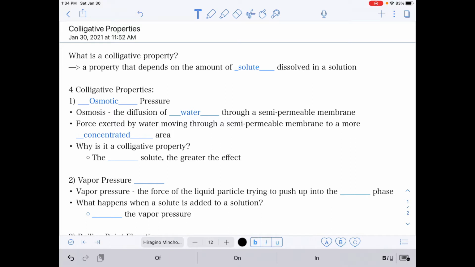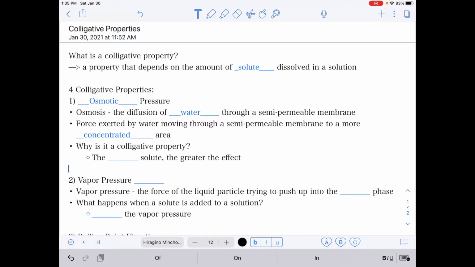So why is it a colligative property? Now that we know what it is, why is it a colligative property? Well, if you can imagine, if you have a membrane with a lot more solute on one side than another, you're going to need a lot more water moving to that side in order to make these concentrations equal, and therefore there's going to be a lot more force exerted by all this water moving to the other side compared to if these concentrations were almost equal on both sides and there's just a little bit of water moving, the force isn't going to be that strong, right?